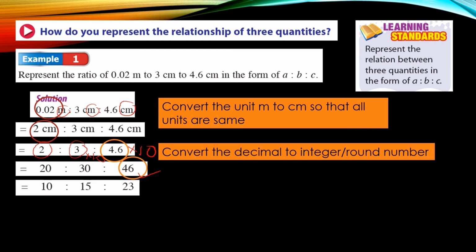And for this one, you can simplify it by dividing by 2. If you divide by 2, you will get 10, 15, and 23. This is the simplest form in ratio.